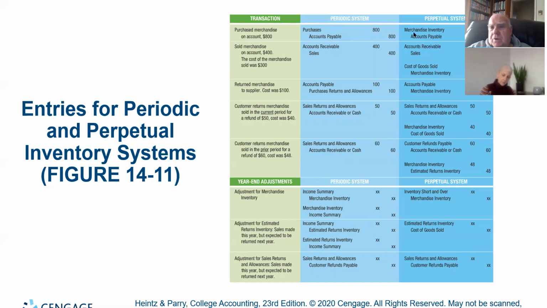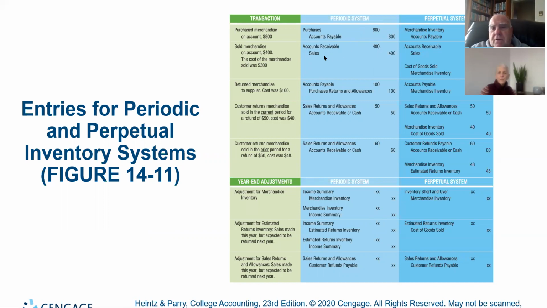The entry to record a purchase is not to debit purchases, but to debit an asset account called inventory, merchandise inventory. Okay? So if we had $1,000 in inventory and we purchased 800 more, we have 1,800. Here, we would not know that until we counted the inventory.